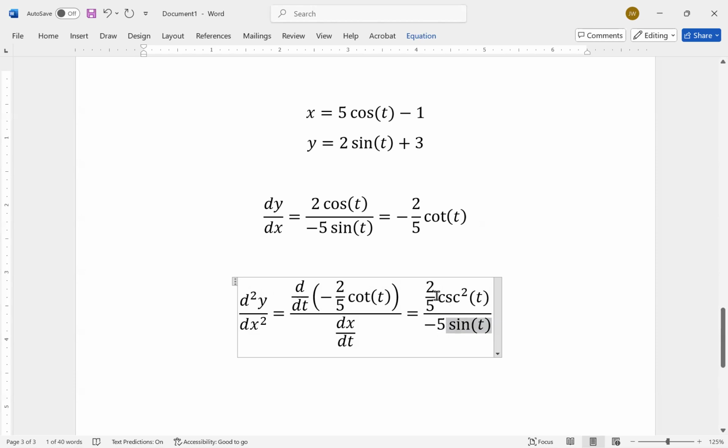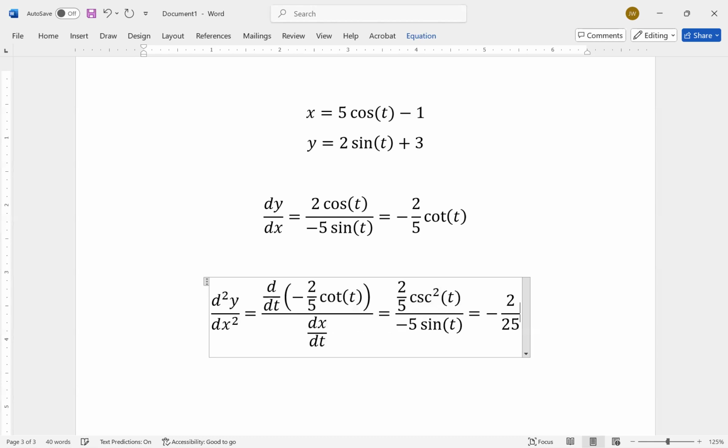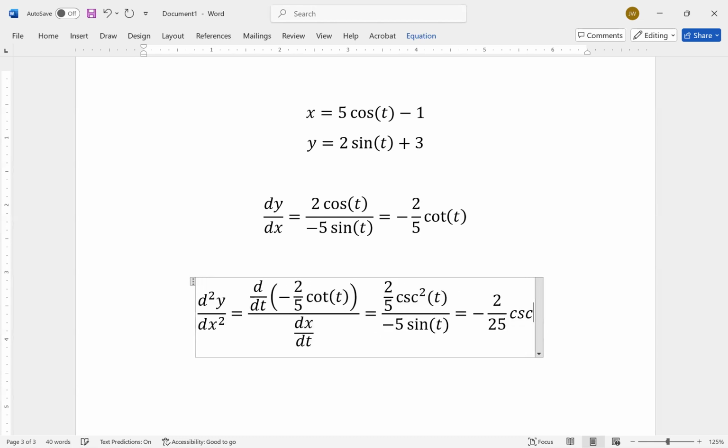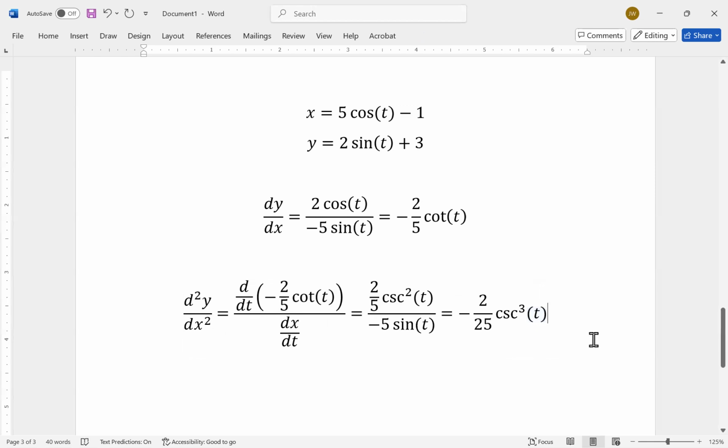And then 2/5 divided by -5 is 2 over -25, or -2/25. So if I simplify this as much as I can, then it is -2/25 times cosecant to the third of t.